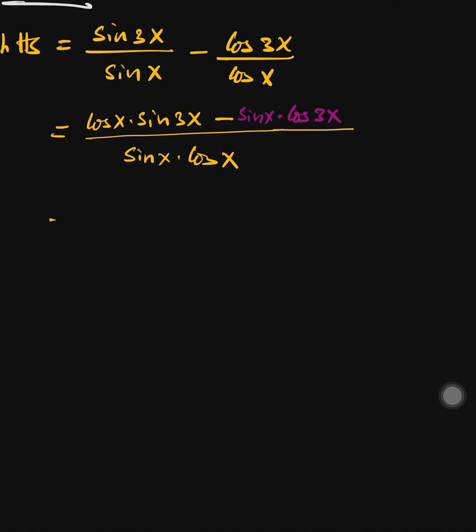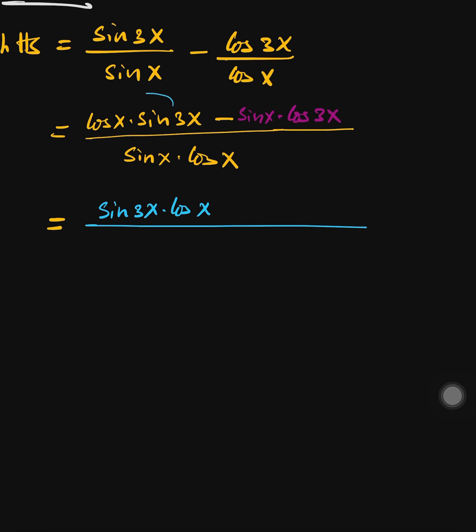So now I say to myself, the numerator appears to be an identity, the compound angle of sine. It's the same as sine of 3x multiplied by cos x.